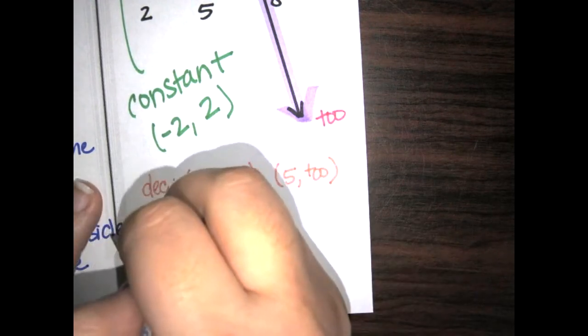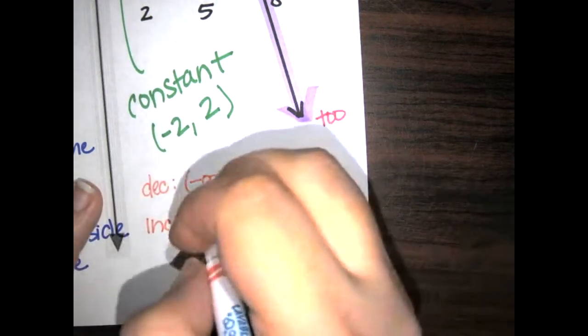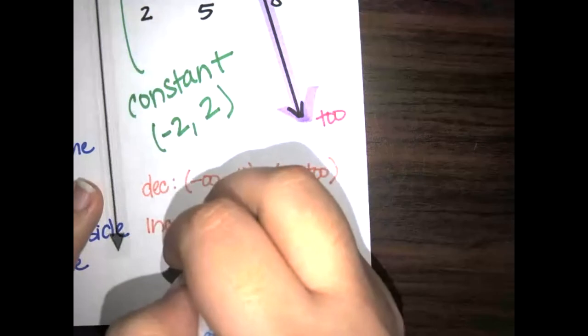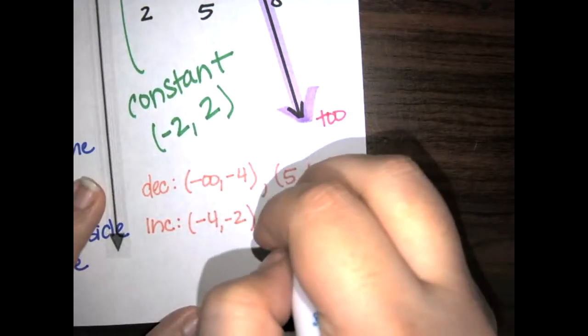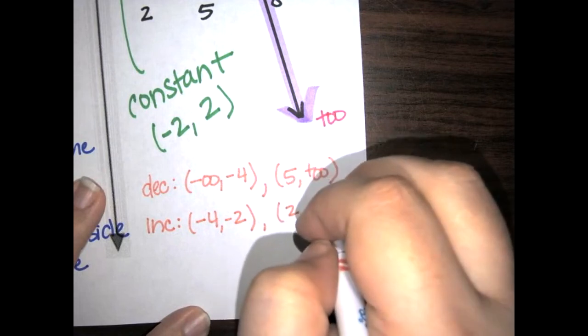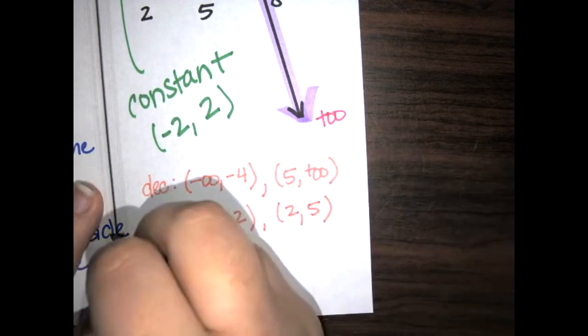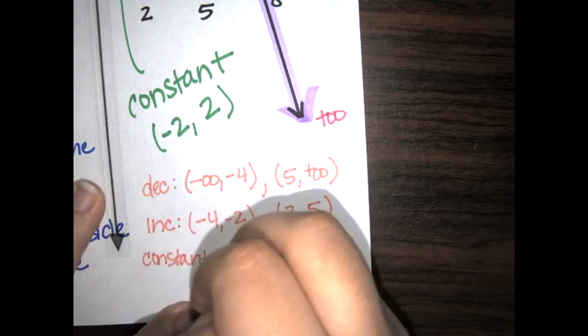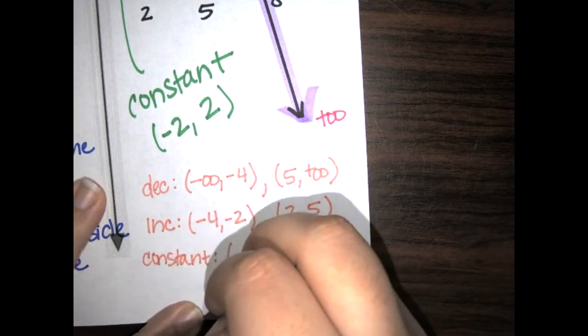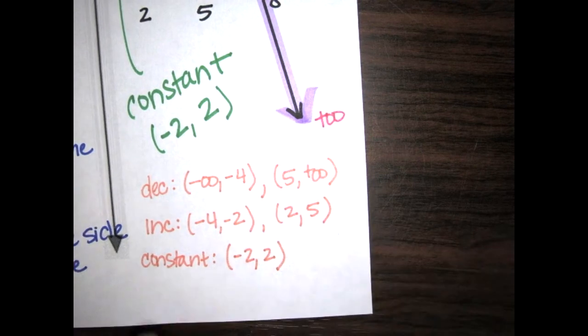We have a couple of increasing places: we are increasing from -4 to -2, and then again from 2 to 5. Last, we have some constants, and this happened from -2 to 2.